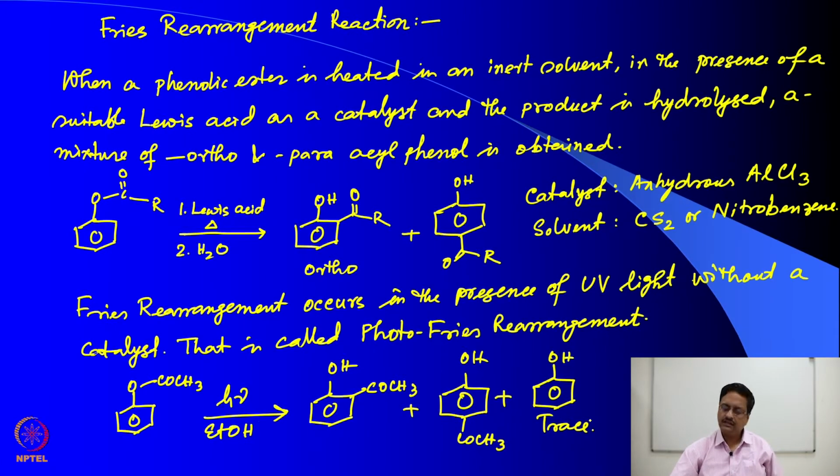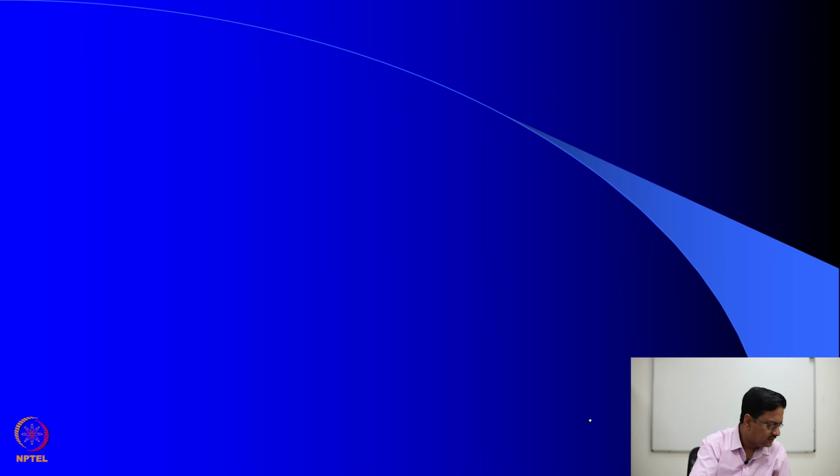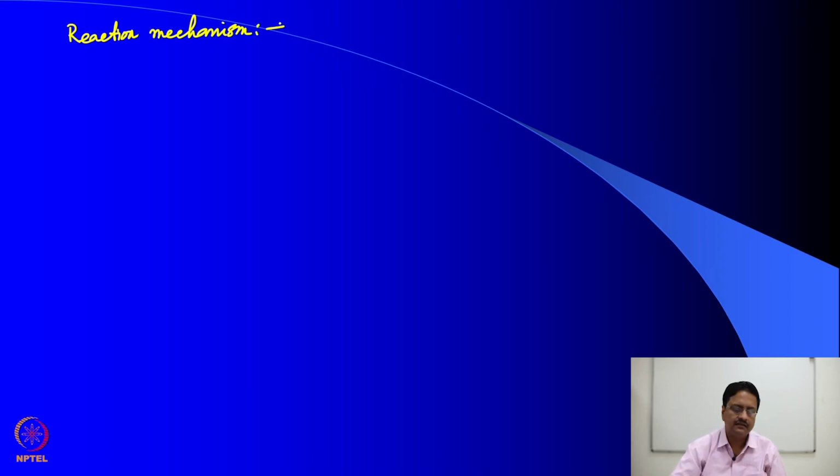So, we should see what is the mechanism of this reaction using the Lewis acid as catalyst. In this case the reaction mechanism involves the Lewis acid aluminum chloride.